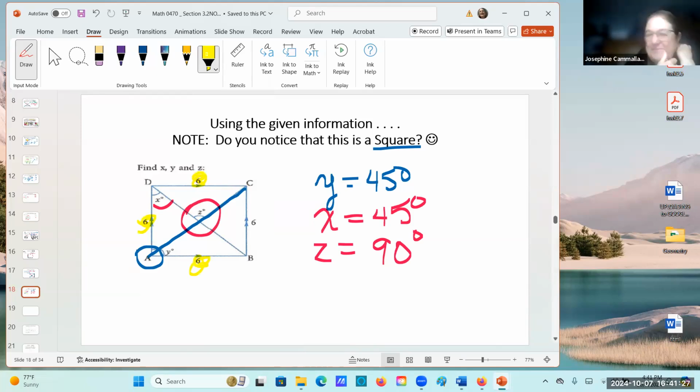Okay. And again, if you have to find AC or BD, Pythagorean theorem. Anything that has a right angle, be aware, Pythagorean theorem.